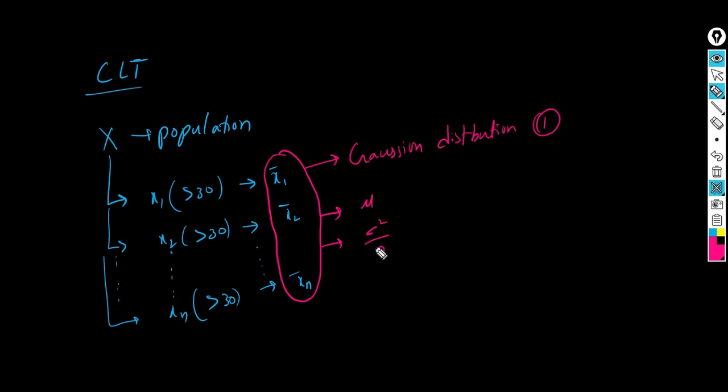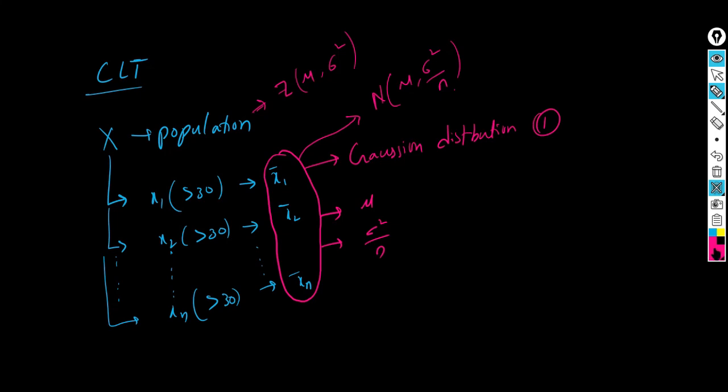You can think why the variance is like this. Suppose X is in a distribution, and the mean of the distribution is mu and the variance is sigma square. By applying the central limit theorem, we will get a Gaussian or normal distribution with the mean mu and the variance sigma square by n.